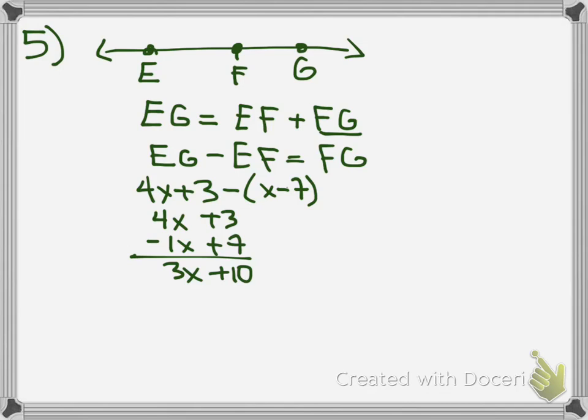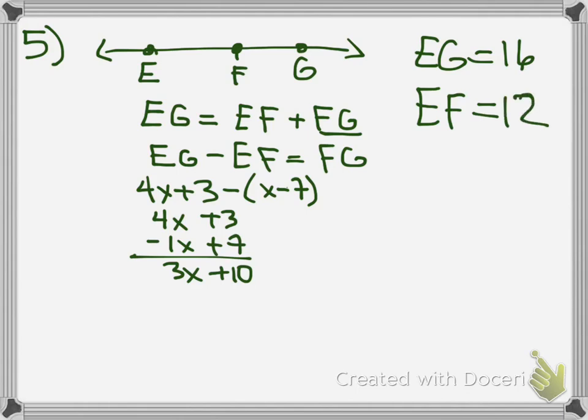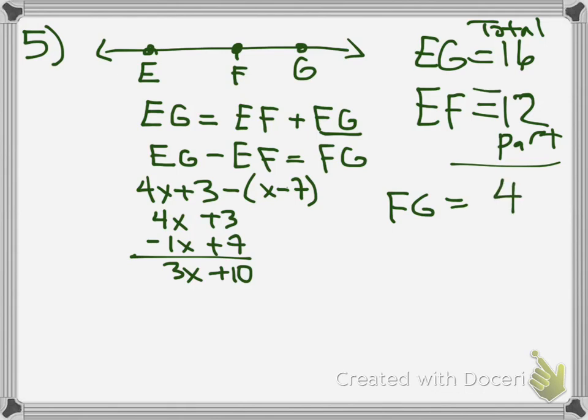Like, let's say EG was 16, and EF was 12. Then, because this is the total, and this is a part, you need to subtract those 2, and that would give you that FG is 4. So that's something I would probably give you.